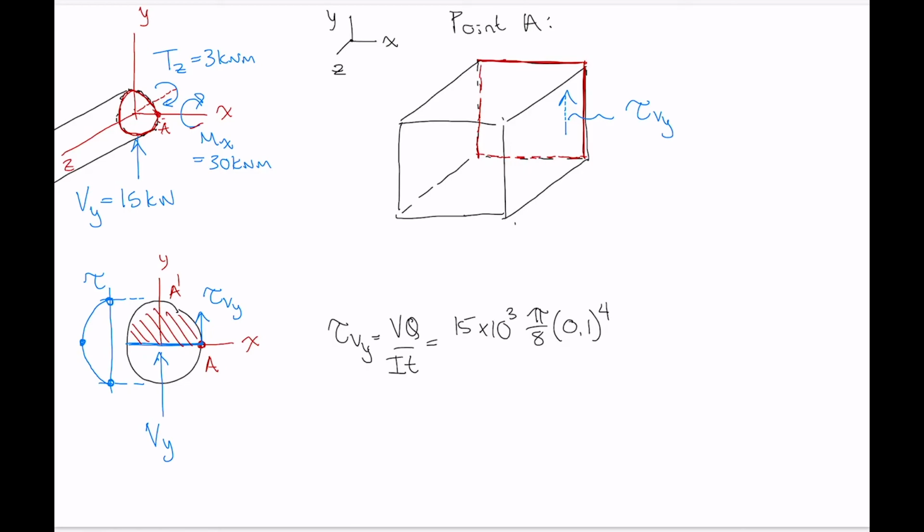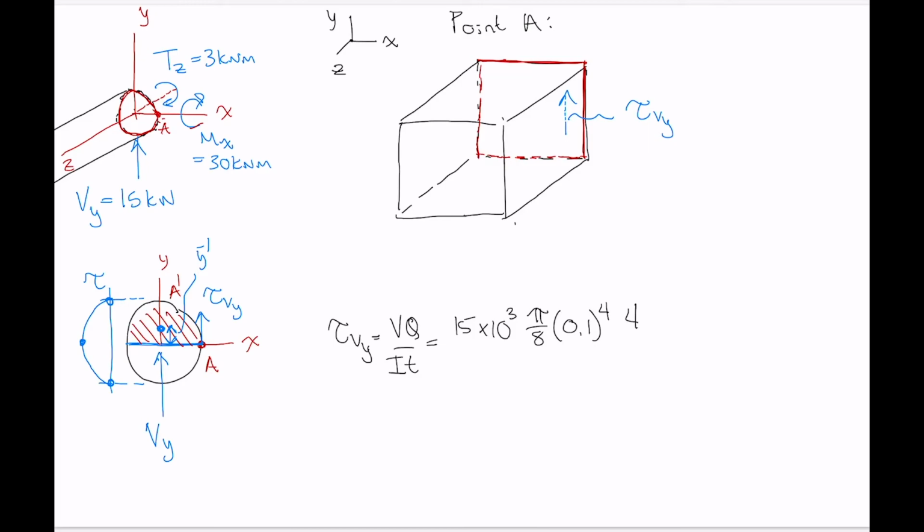And then the centroid location, so we want the centroid of A prime, which is there, relative to the overall centroidal axis for the entire cross section. So this distance here is y bar prime, and that is simply the centroid location of a semicircle relative to its base, which is 4r over 3 pi.